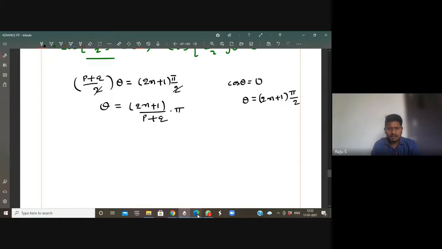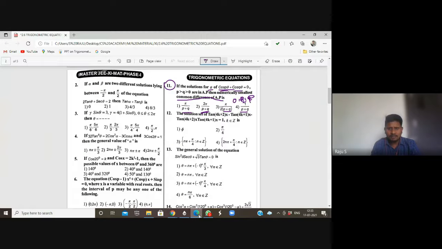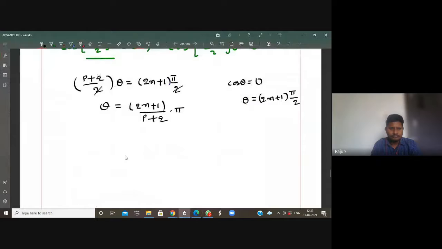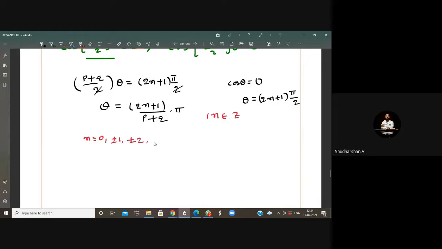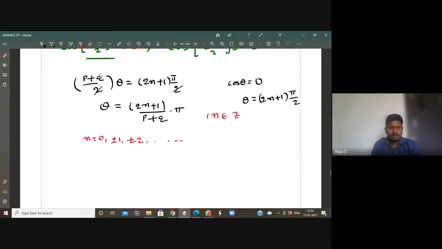From this, can anyone guess what the correct answer is? The difference is that I am going to substitute n values, where n belongs to Z, that is n is equal to 0, plus or minus 1, and so on. The second option, sir. Let us see what the right answer is.